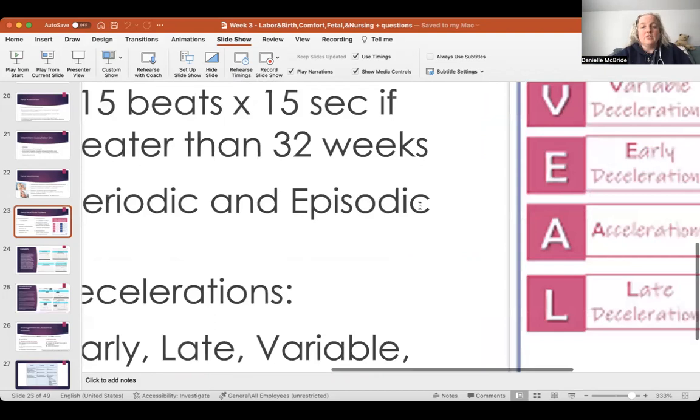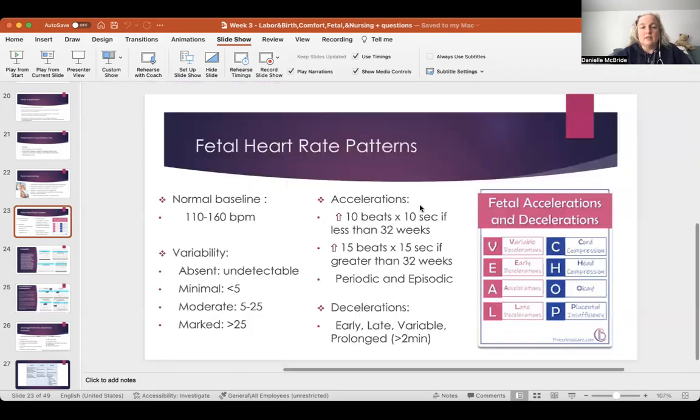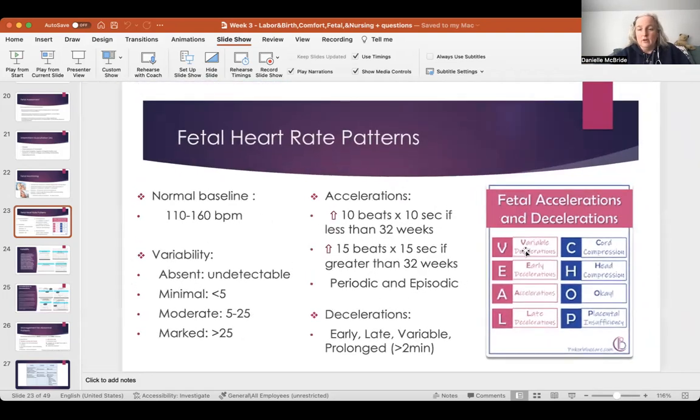So now if we come back to VEAL CHOP, this is a great way to remember, if this is what my decel looks like, this is what's happening. All right. So a variable deceleration is that abrupt onset, at least 15 beats and at least 15 seconds. It's caused by cord compression. An early deceleration mirrors the contraction, and it's caused by head compression. Accelerations are okay.